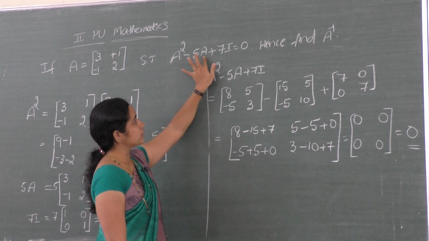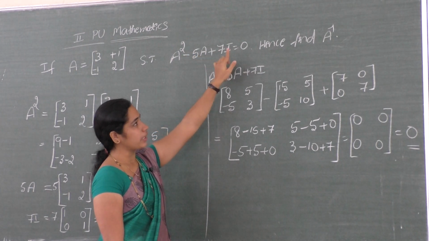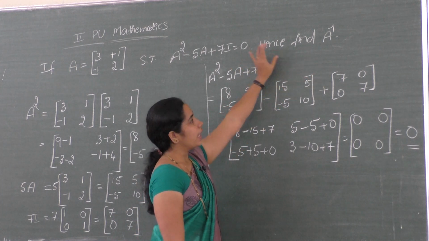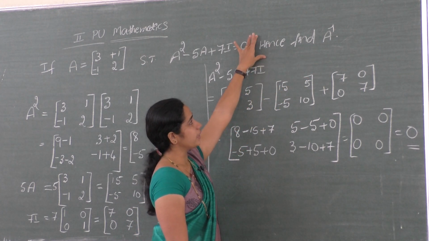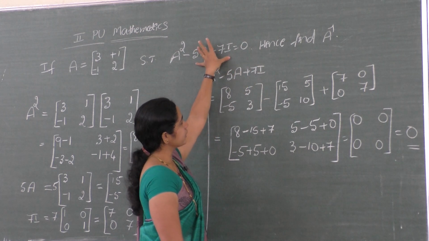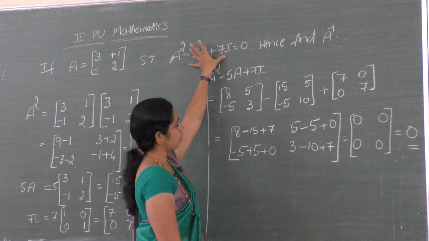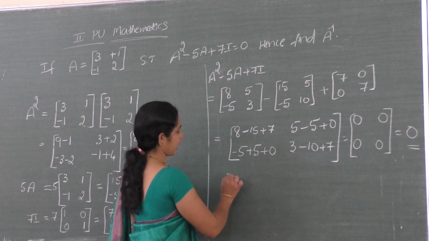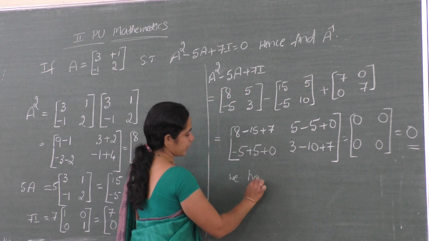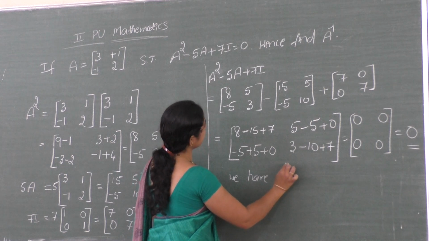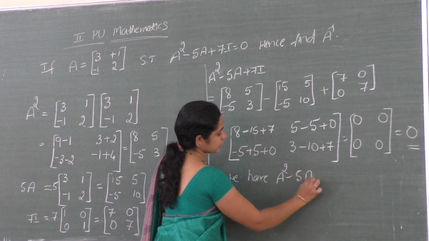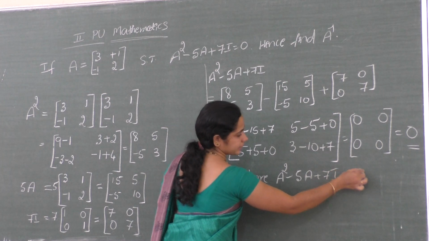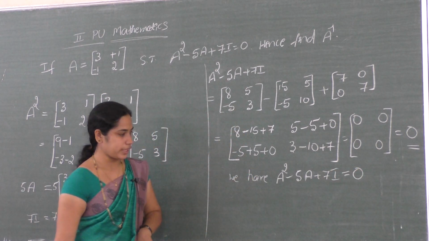A square minus 5A plus 7I equal to 0. Hence find A inverse. Hence find A inverse means, using this matrix equation, we need to find A inverse. We have the first part already proved, that is A square minus 5A plus 7I is equal to 0 matrix.